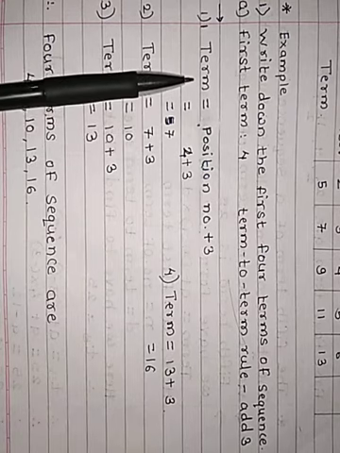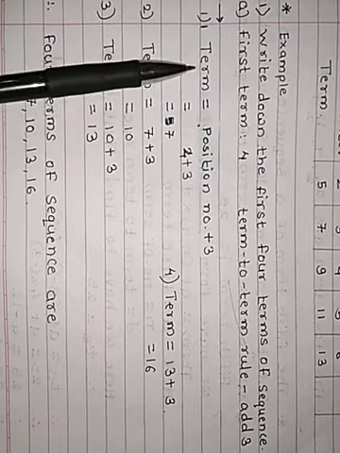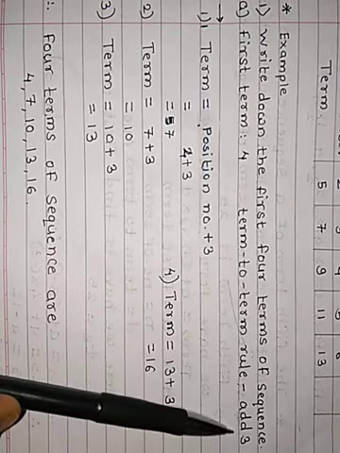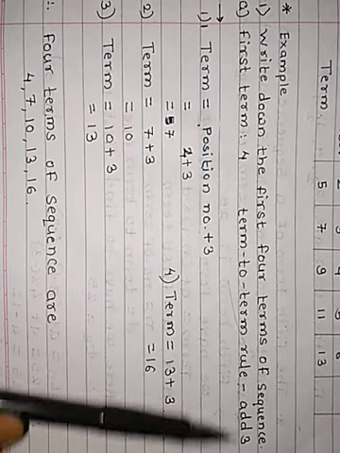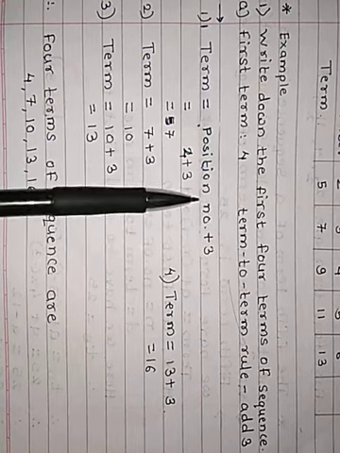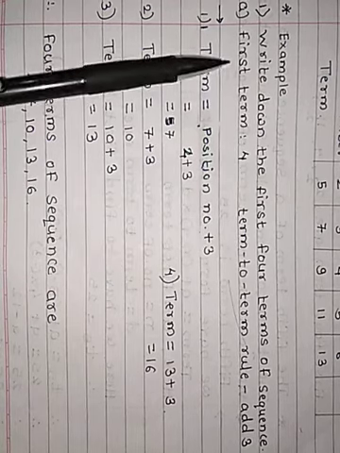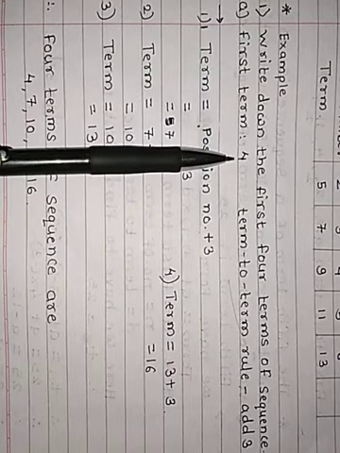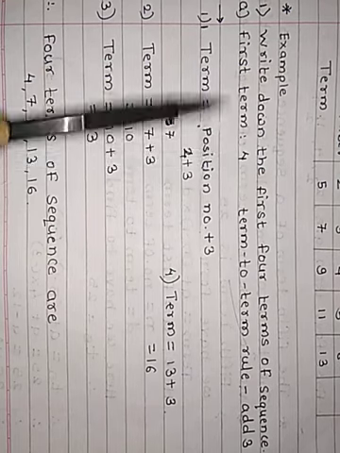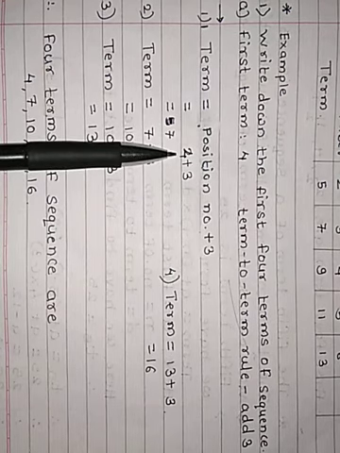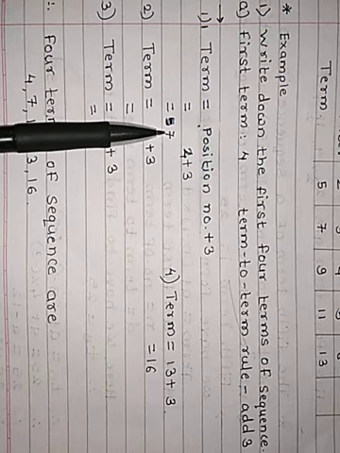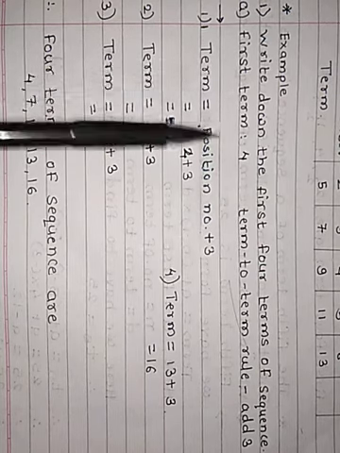Now we have the formula, that is term equals to previous term plus, now the term to term rule is add 3. So we have to write plus 3 here. The first term is how much? It is 4. Therefore it is 4 plus 3. How much do we get? 7.